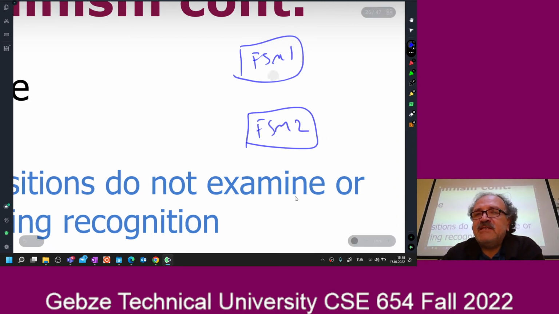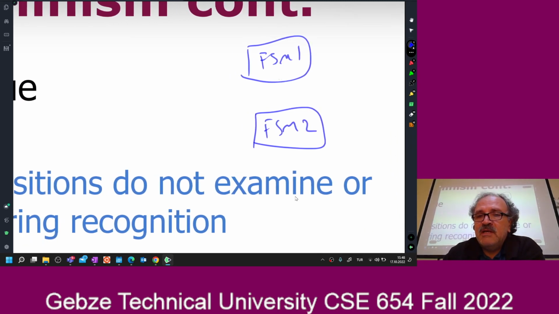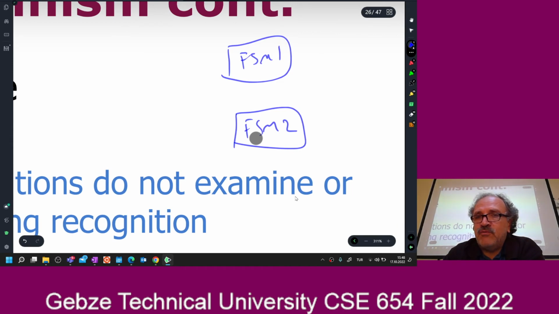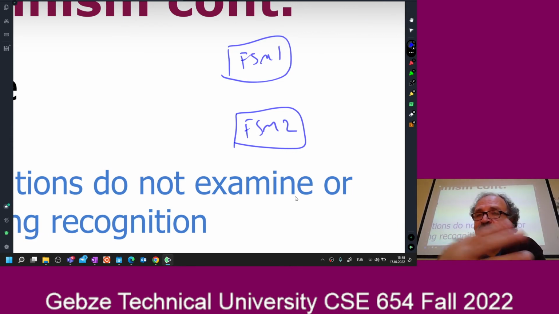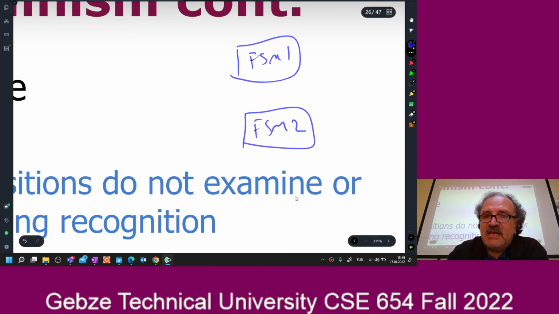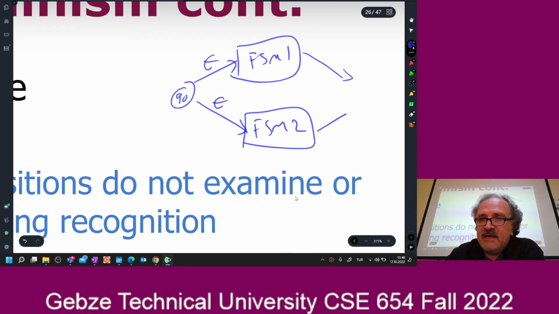Let's say this one recognizes a set of words, and this one recognizes another set of words. Then if I would like to make a new finite state machine that can recognize both of these sets of words, I can do this. This is my Q0 state, epsilon transition, and this is the Q10 state, and this is a final state, epsilon transition.